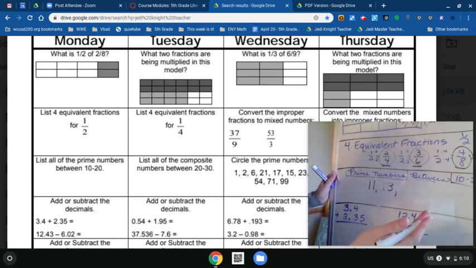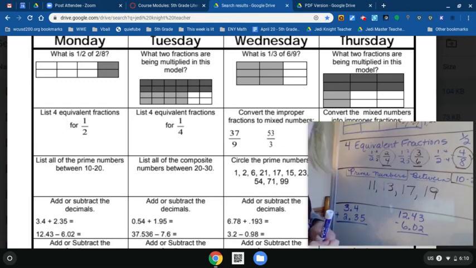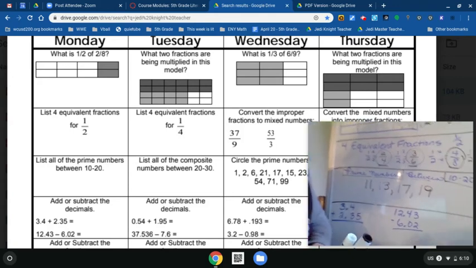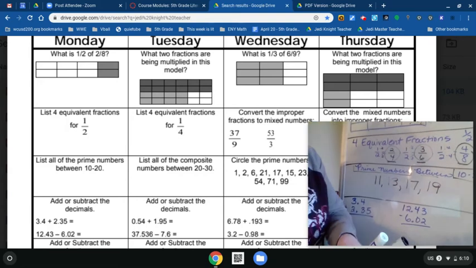Can be divided by 3, 5. 16 can be divided by 4, 8, 2. 17. Oh, that's prime. 17 can only be divided by 17 or 1. 18. Nope. Can be divided by 2, 9, 6, 3. 19. 19 can only be divided by 1 and 19. So there are your prime numbers between 10 and 20: 11, 13, 17, and 19.